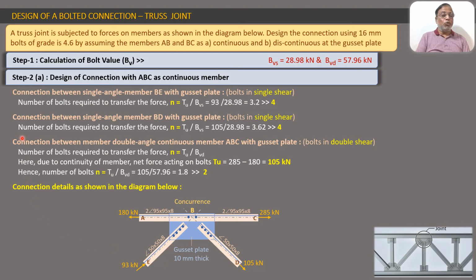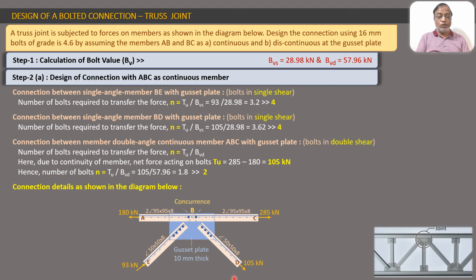Now we come to connection between single angle member BD. Earlier it was BE, single angle member. Now we consider this as BD with the gusset plate. Again the bolts are in single shear. Now the same formula applies here also. TU upon BVS. Here S stands for single shear. So this TU in this case is 105.